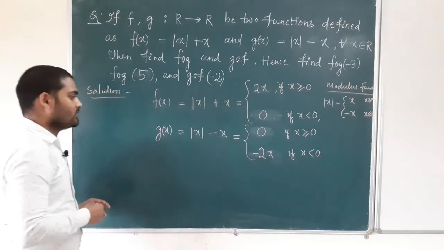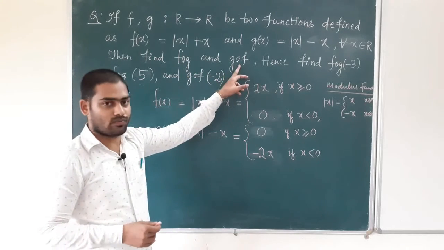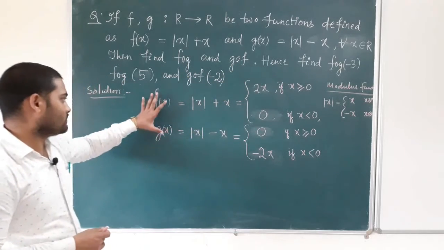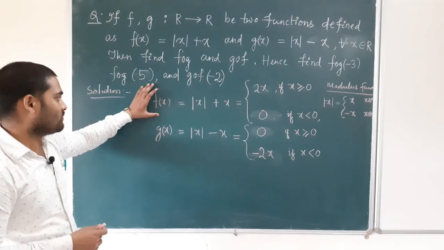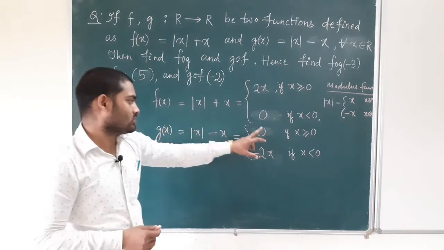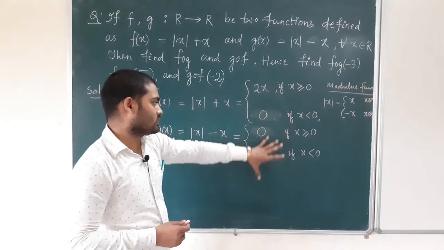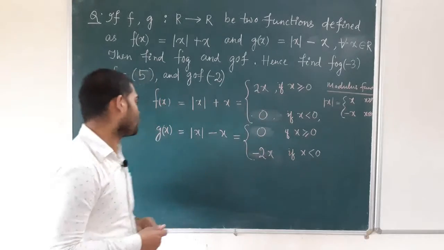Now we find fog and gof. Here the function is f of x, this function, this and this. We use these now.